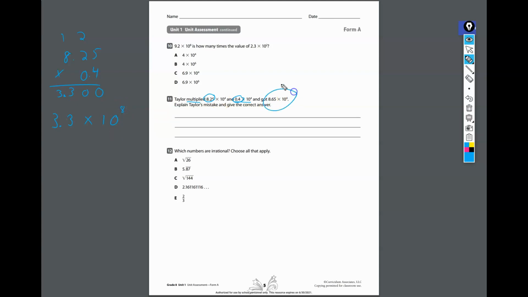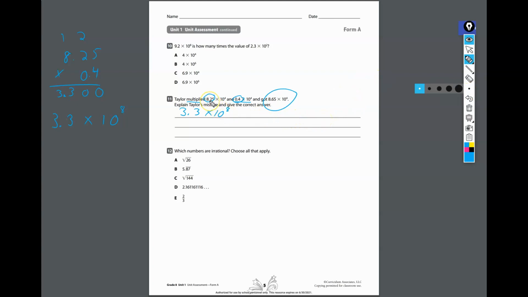Wow, Taylor was way off. So we got 3.3 times 10 to the 8th. That's the correct answer. They did say give the correct answer. What do you think he did wrong here?